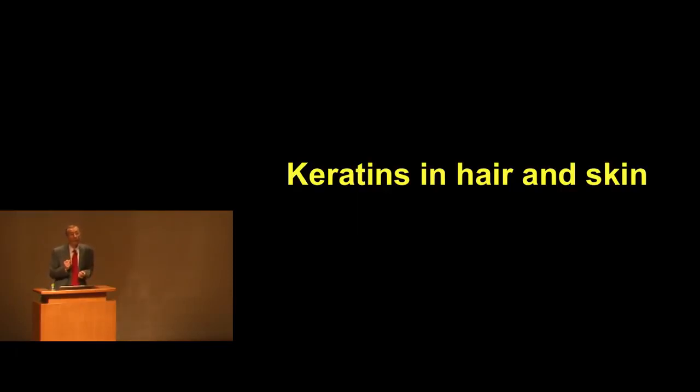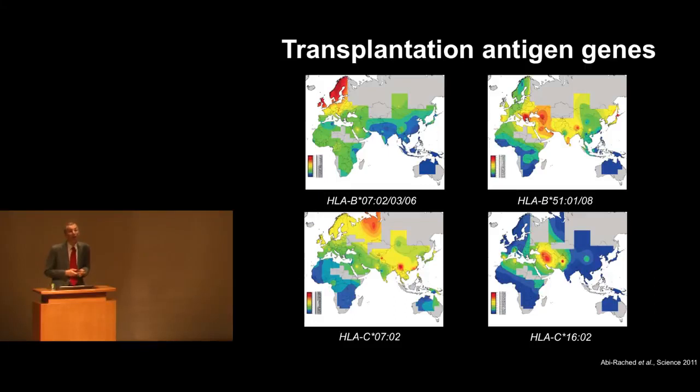So we'll probably learn in the future that some aspect of the morphology or function of skin and hair in Asia and Europe come from Neanderthals. More importantly, a group at Stanford has shown that immune response genes, the genes important for the defense against infectious diseases, come from Neanderthals and have sometimes reached high frequencies in different parts of Eurasia.